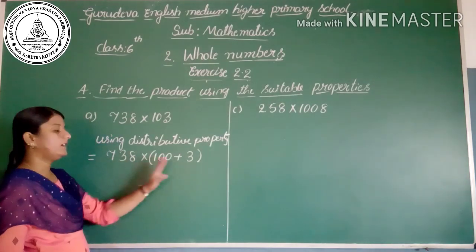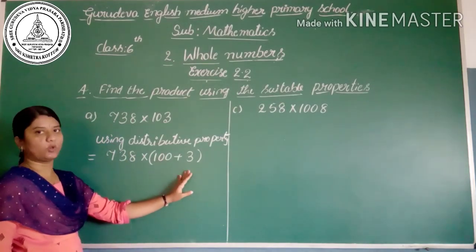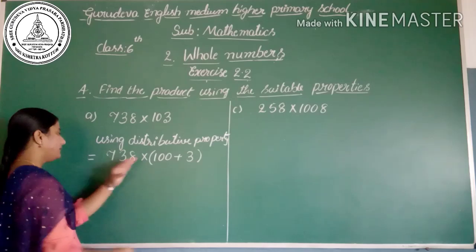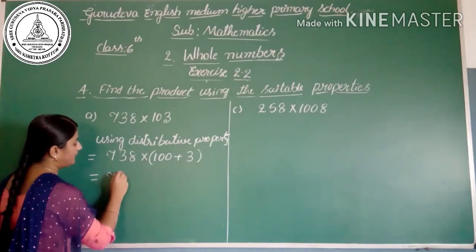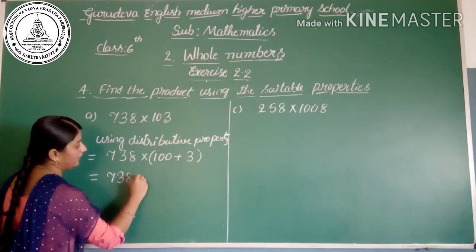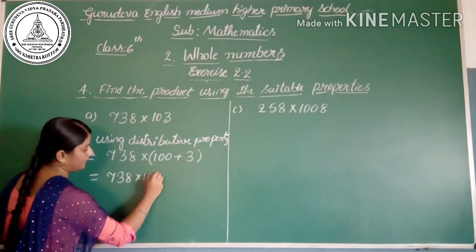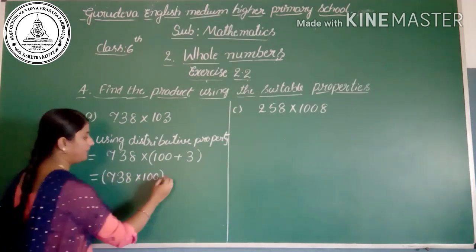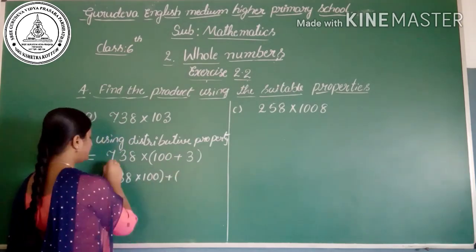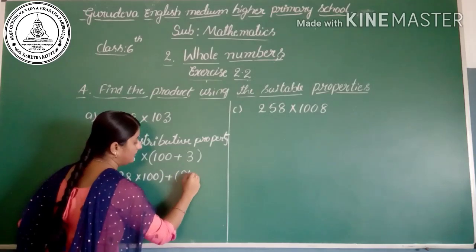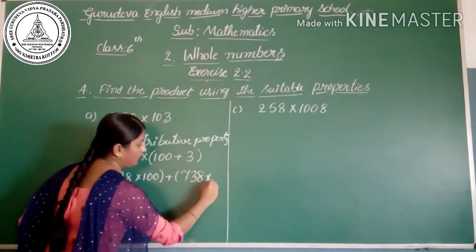It is the distributivity of multiplication over addition. Okay, then multiply here 738 into 100, keep the bracket, plus, in the middle there is a plus, I will keep here, then 738 into 3.